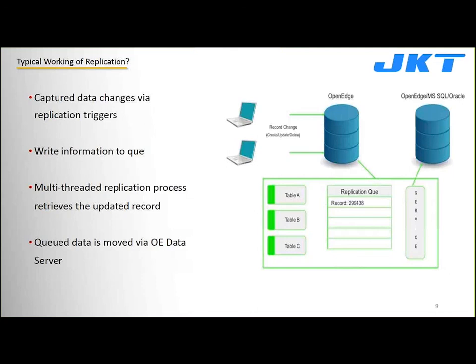Once the connectivity is established, replication programs feed the data to the OpenEdge Data Server, and the OpenEdge Data Server communicates with the foreign database via DSN. So DSN plays a very important role when we are transferring data from Progress to any foreign database, as it is the main bridge which creates a tunnel for data transfer.